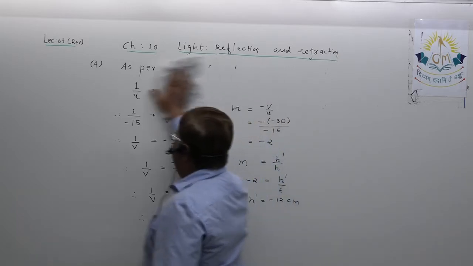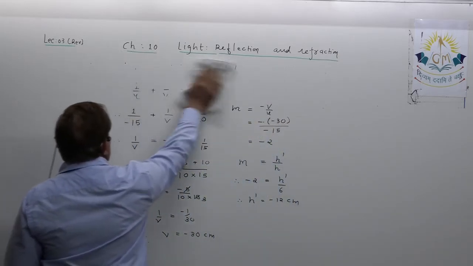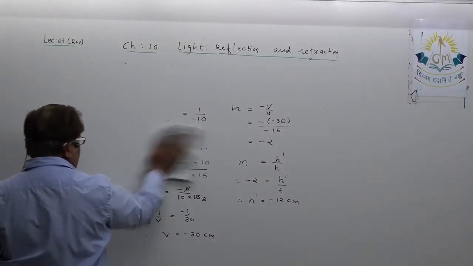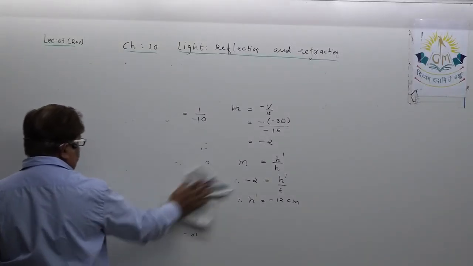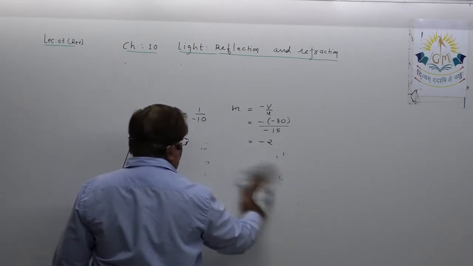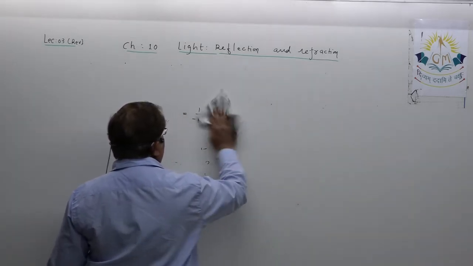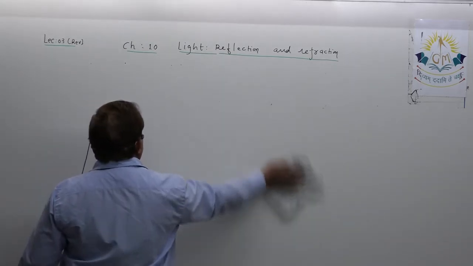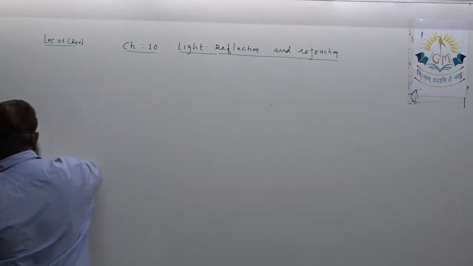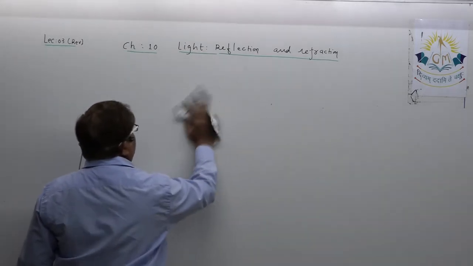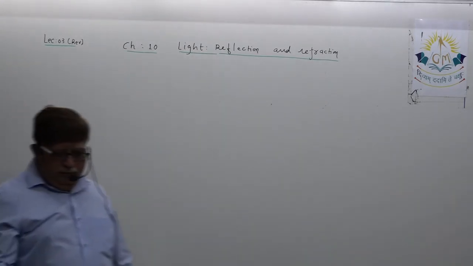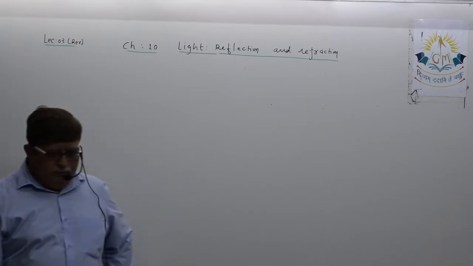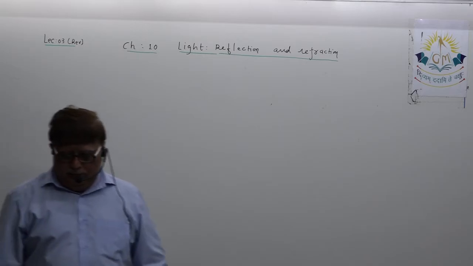It is actually an example based on concave mirror only, because as per our target we are first going to solve all examples regarding concave mirror only. That's why we are targeting only concave mirror. You see that? Fifth sum, dear student, read it out. What is said? Just read that given data.